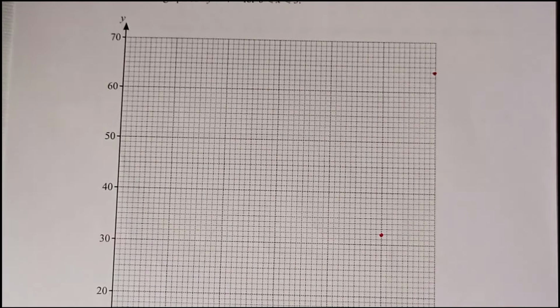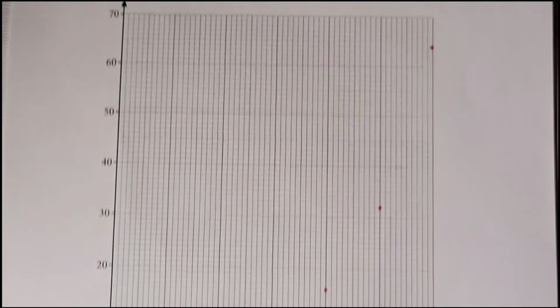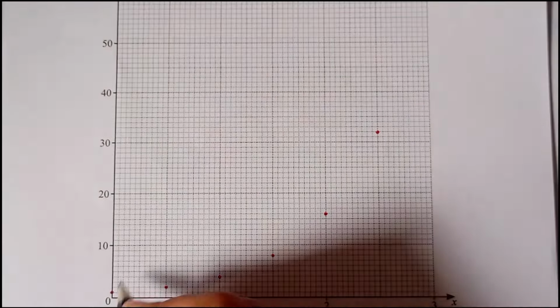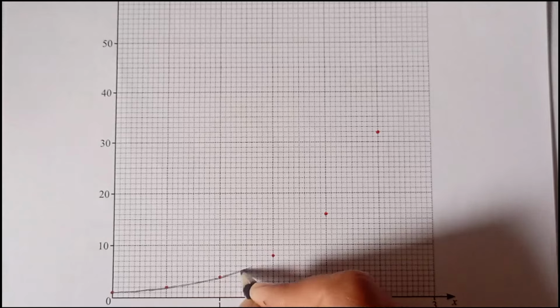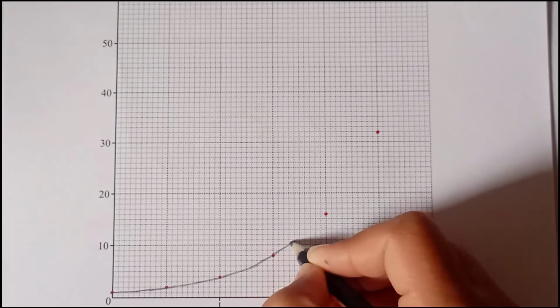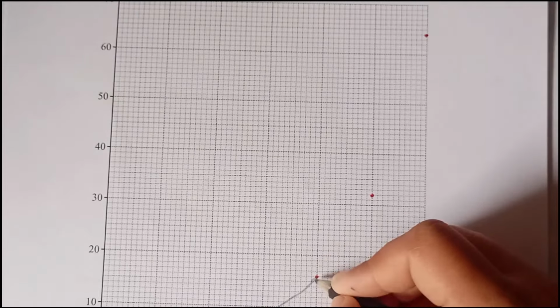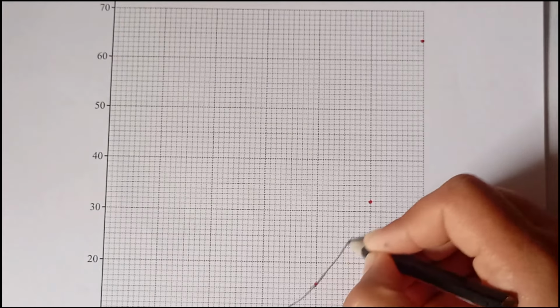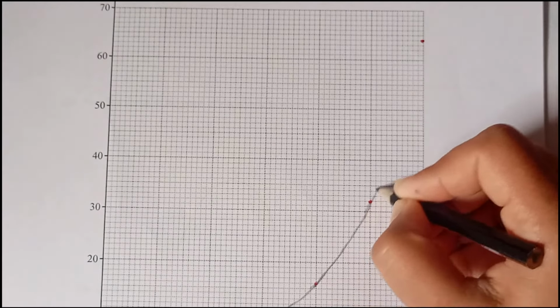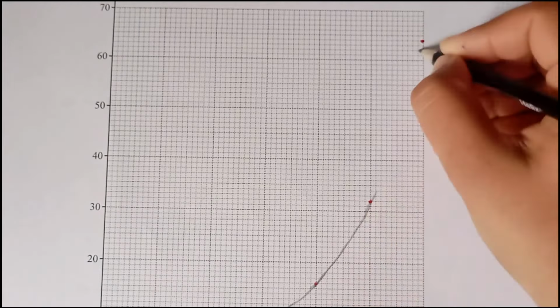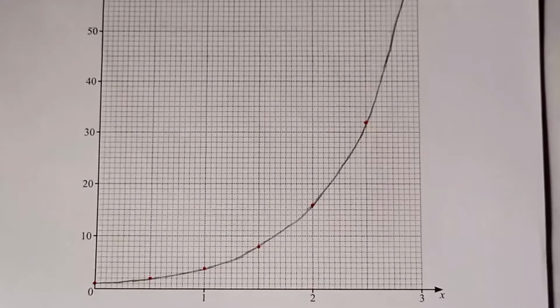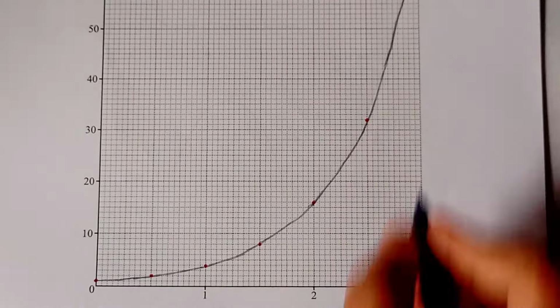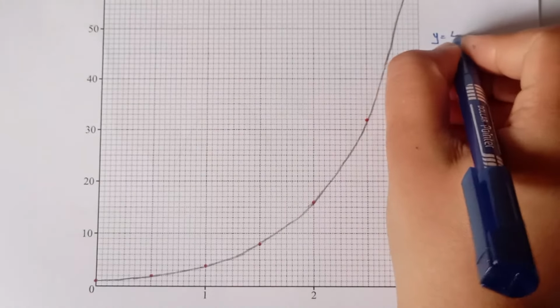Let me connect all the points to get a smooth curve. So that is the graph of the function y equals 4 exponent x.